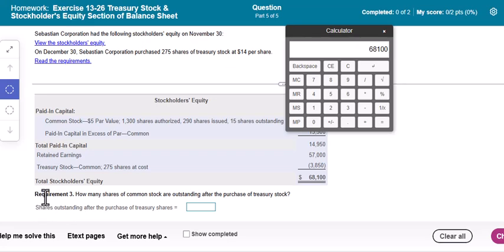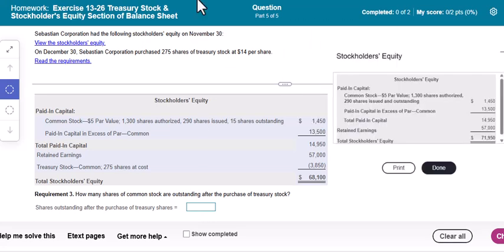Okay. And so for requirement 3, how many shares of common stock are outstanding after the purchase of treasury stock? Well, remember we had 290 outstanding shares at the beginning of the problem, and then we bought back the 275.